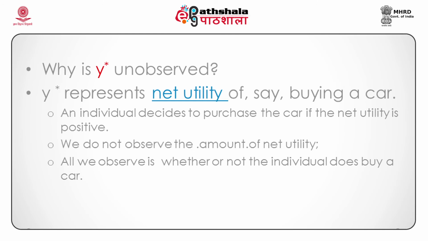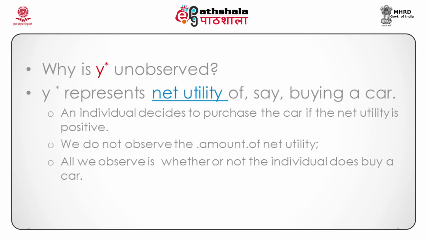So say we are looking at people who buy cars as opposed to people who do not, and so y equal to 1 indicates that the person has bought a car. Now in addition to y and the covariates x, we have also another unobserved variable y star for this individual, which represents the net utility of buying a car.